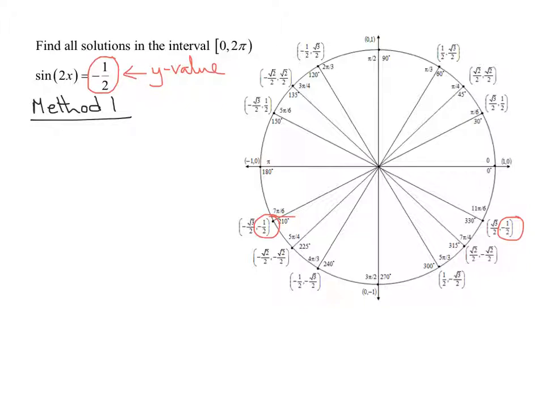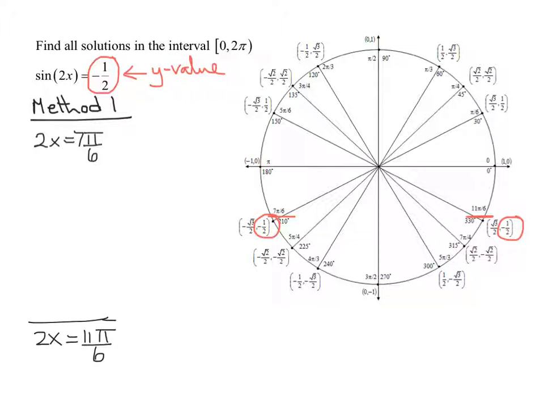So here are my angles that give me that. So I know that 2x equals 7 pi over 6, or 2x equals 11 pi over 6.